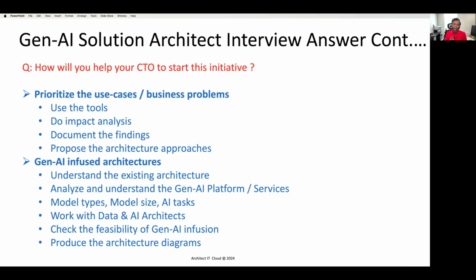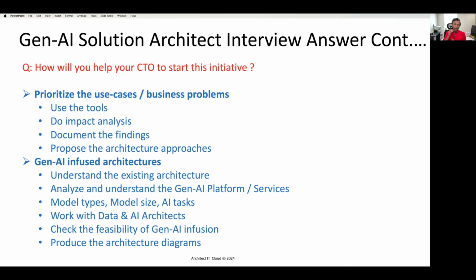How you plan to bring in this existing architecture, what type of infusion layer you're going to create, and how you are accessing the generative AI models: whether you're going to install the model in your architecture or in your environment, or access the models running in the cloud environment by using API calls. So propose multiple options with the knowledge you have, and propose these architecture approaches to your CTO, so that he can suggest the best approach.